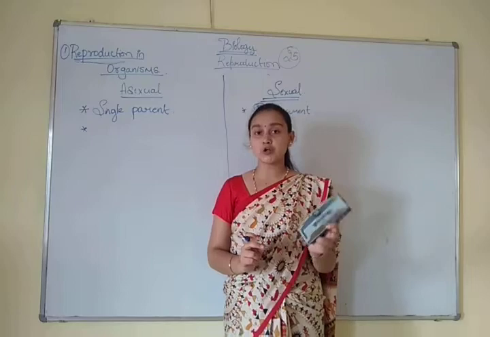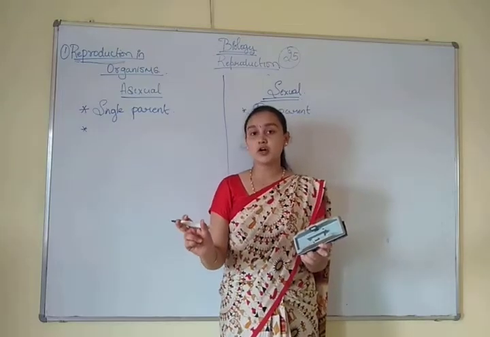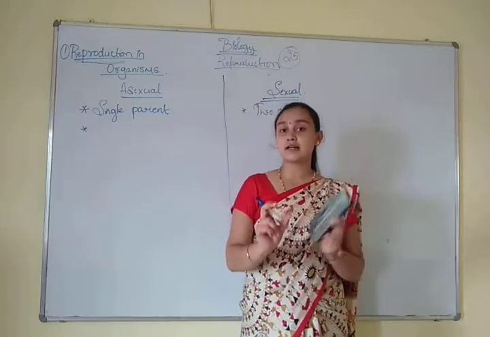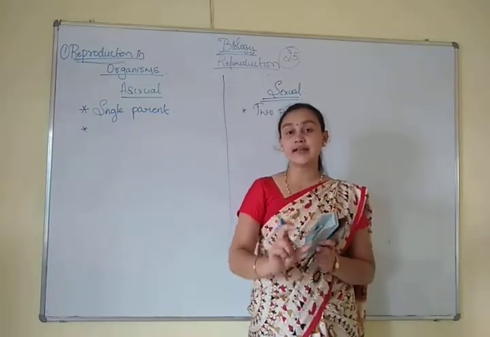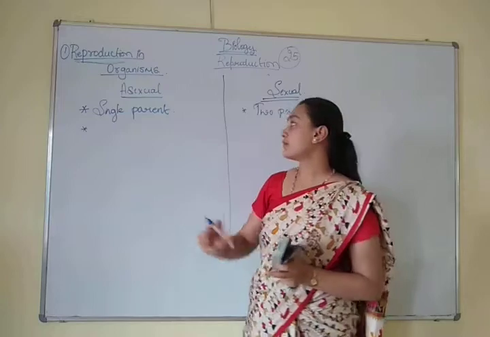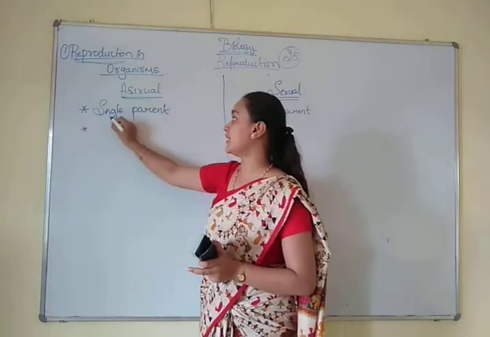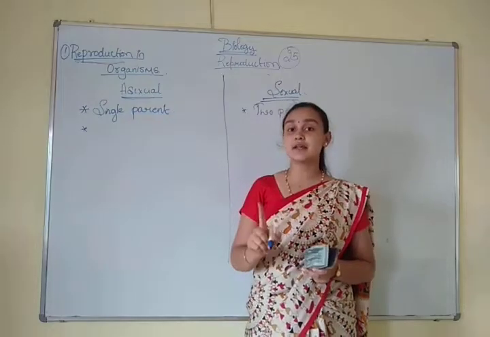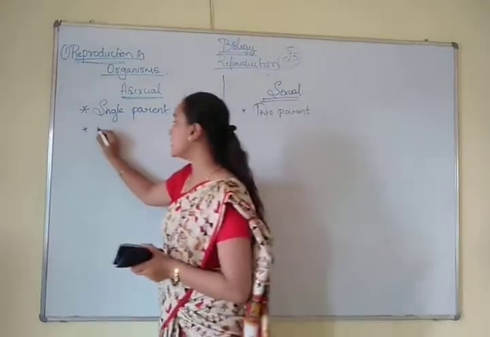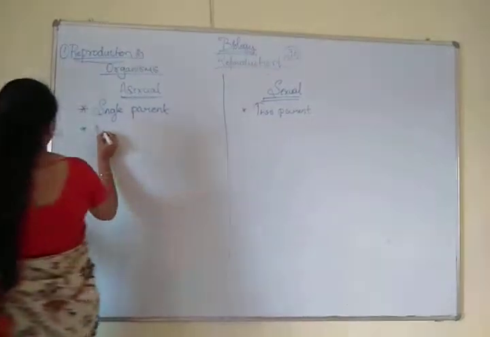The male gamete is the sperm, the female gamete is the ovum. When the two haploid gametes fuse, only then do we get a diploid zygote. Asexual reproduction involves just a single parent, so there is no fusion of gametes.